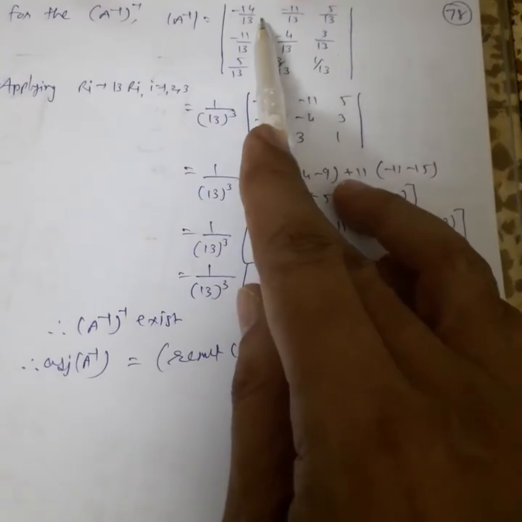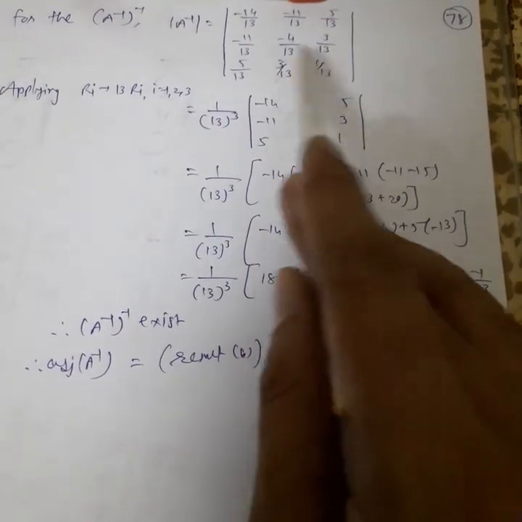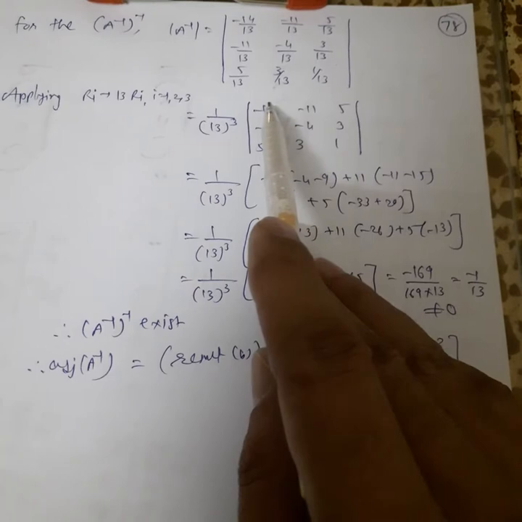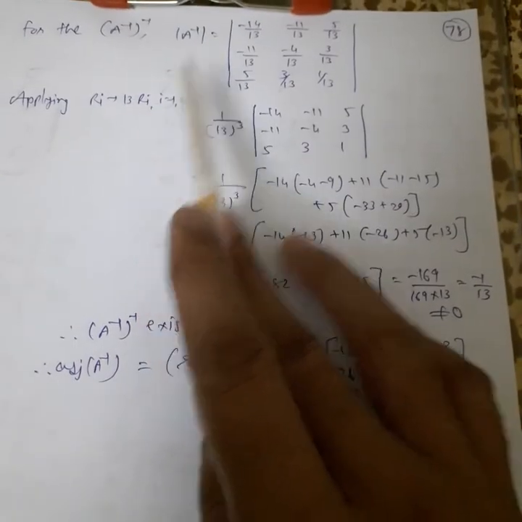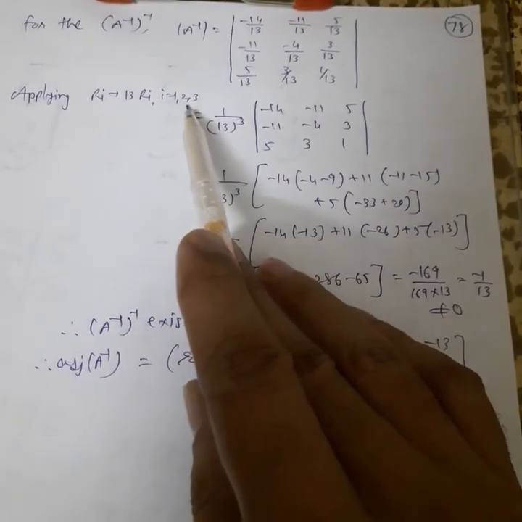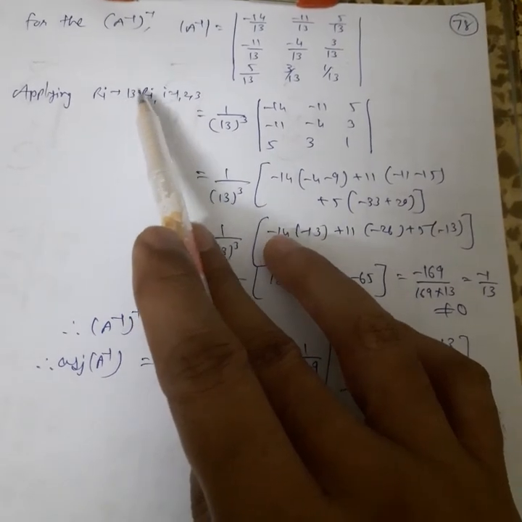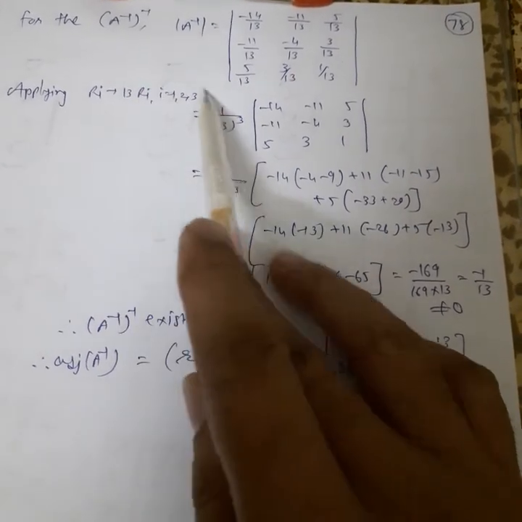We expand this determinant, meaning from each row we take 1 by 13 as a common element, or multiply each row by 13. So here Ri to 13 Ri, i equal to 1, 2, 3, this is the notation.